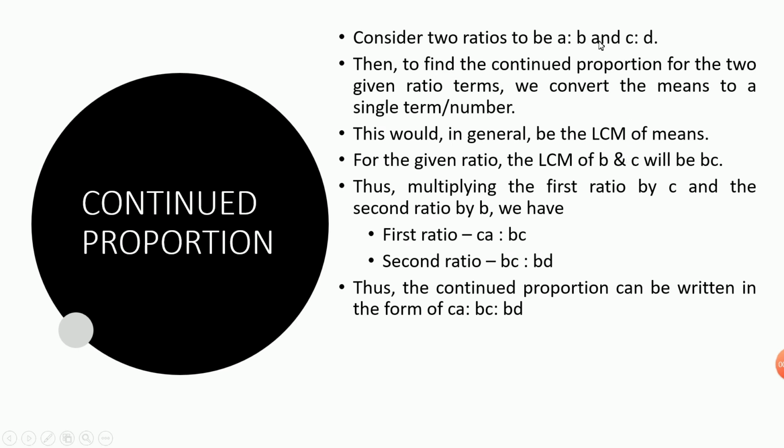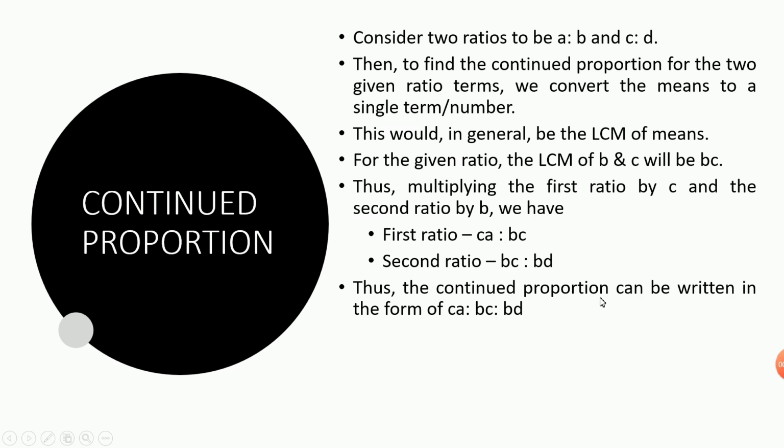After taking the LCM, in order for BC to appear here, we have to multiply by C. So the first ratio would be CA is to BC. Then the second ratio would be BC into CD, because we are multiplying by B.